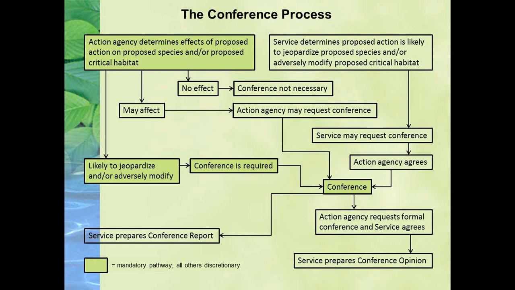My counterparts in other regions have produced things similar to it, but get into a little more detail, like the nuances of concurrence with a proposed species, concurrence not likely to adversely affect. But this is the conference process, and the highlighted boxes, the yellow boxes, that's the only required pathway under the regs. You determine your effects of an action that's in the planning stages to a proposed species.